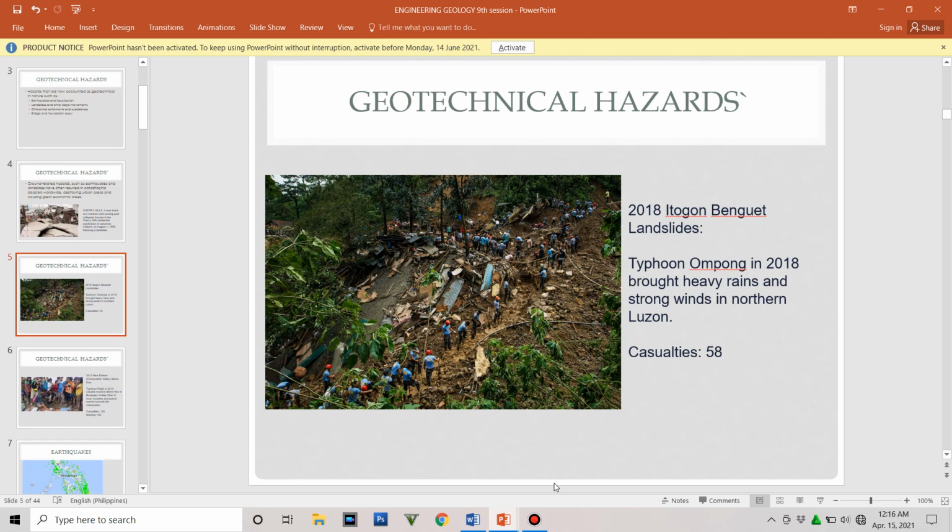However, the DENR attested that it was not about the mining activities but the soil characteristics as well as the heavy monsoon, and of course the geomorphological characteristics of the site, which is steep. It's characterized by a steep slope. So in short, the land use is residential on this sloping terrain.